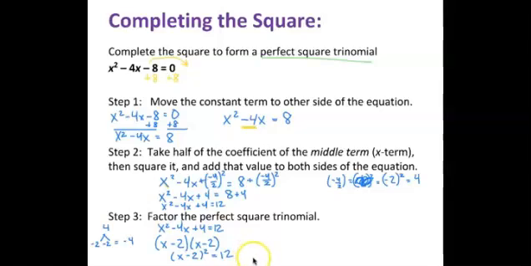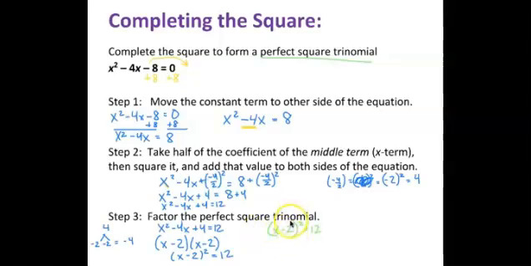And we're not done yet. Now we've got an equation that looks very similar to what we've been solving on the past couple of slides, right? Where we can use a square root now to solve and find the final answer. Now that we've completed the square, we're ready to solve by taking the square root.